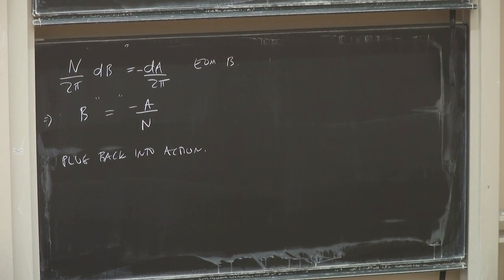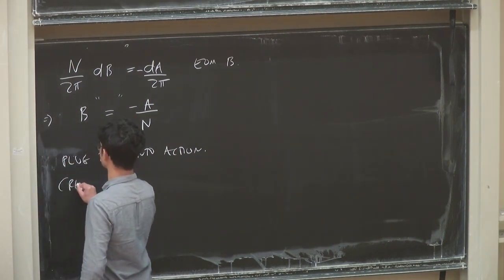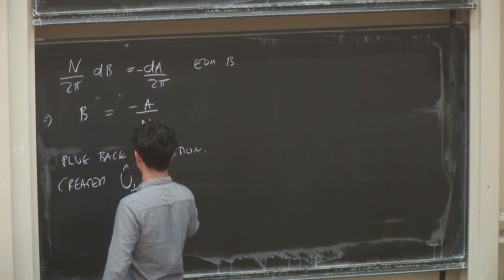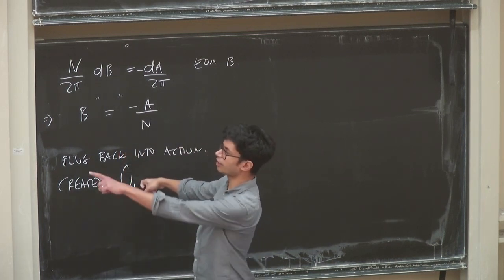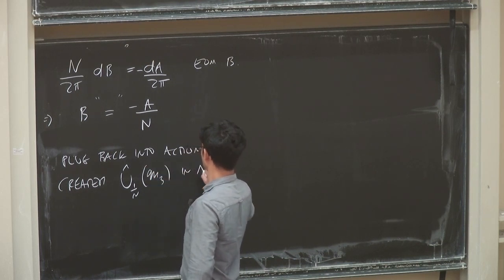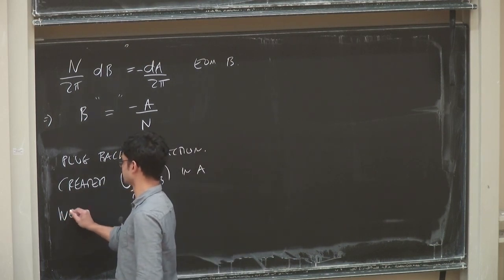So in other words, by introducing this new field B, I have created the action I wanted, which I said earlier was ill-defined. I've created U alpha in a well-defined way, somehow.